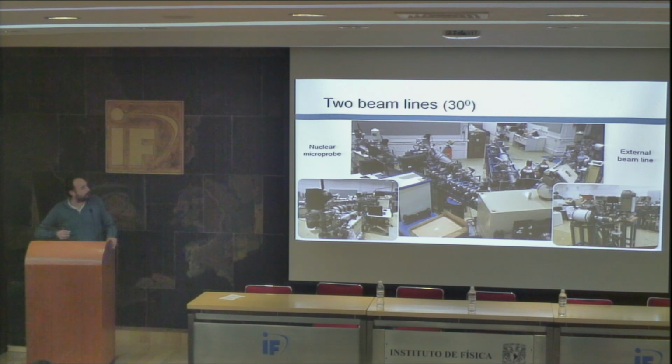In this laboratory we have four different research lines, but only two of them are for analytical composition. One is the external beam line to your right, where we can do analysis at atmospheric pressure, and the second is a nuclear microprobe beam line.